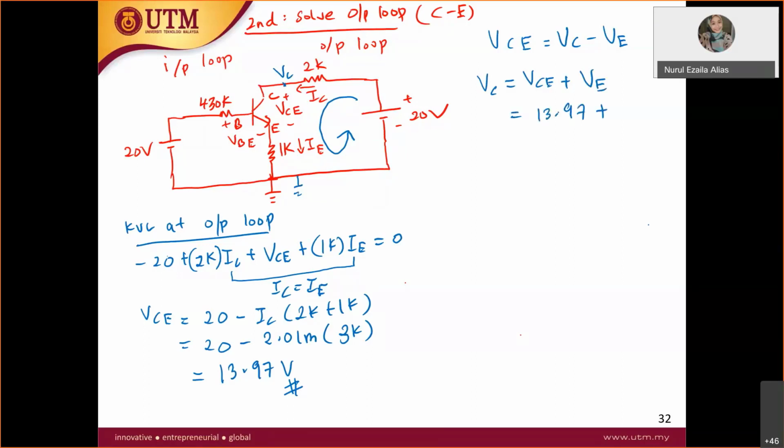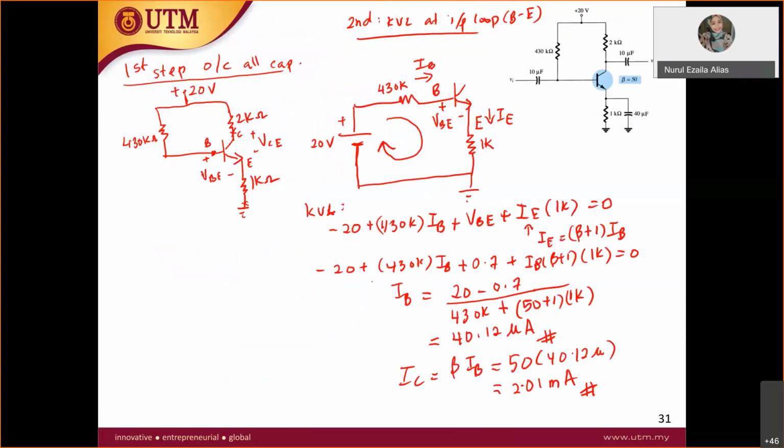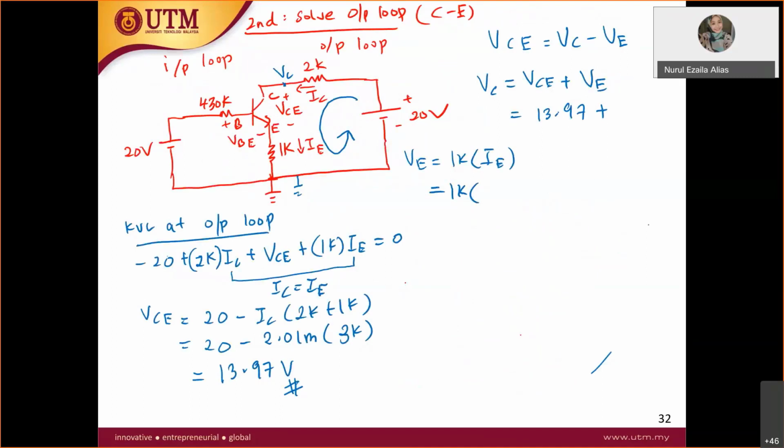How about VE? What is VE? 1K times IE. Yes, correct. So VE is actually 1K times IE. You can use the IC value because IE equals IC. So 2.01 milli times 1K is about 2.01 volts.